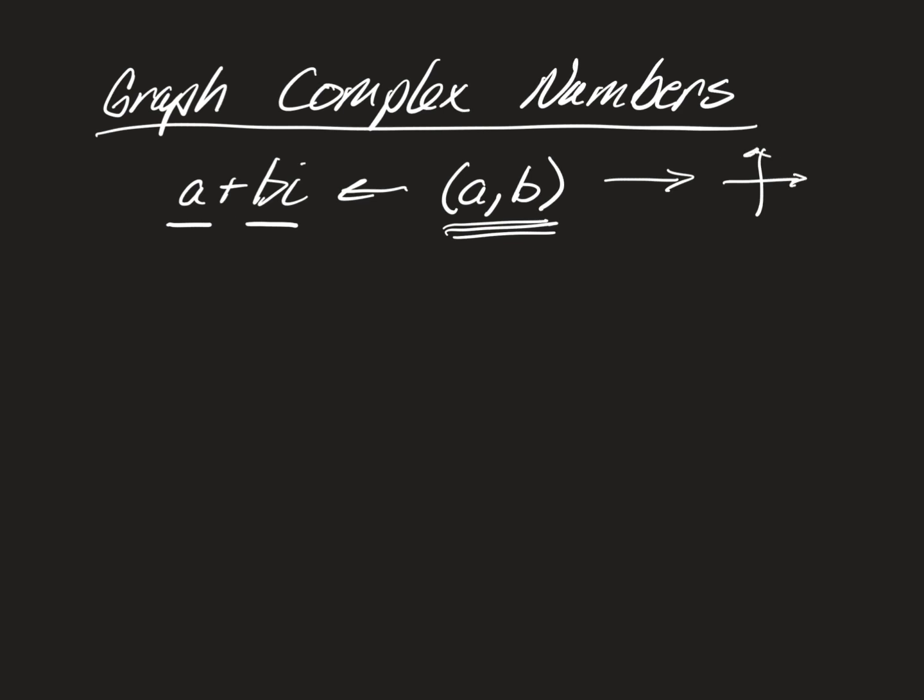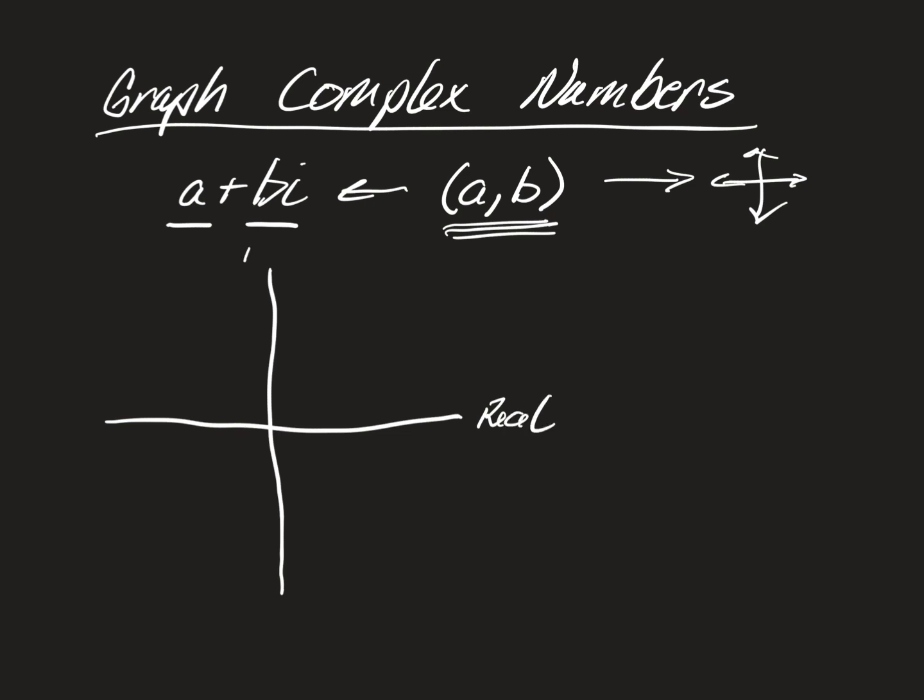And so because of that, we can use this ordered pair to graph on our normal rectangular graphing system, except there's one big difference. When we draw the axes, this is now called the real axis, and this is called the imaginary axis.